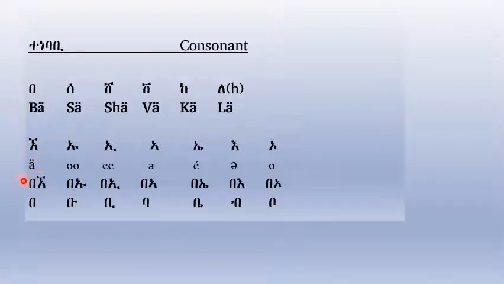Here I want to tell you one important point. We have only 7 vowels, so B can have only 7 sounds or 7 types of B. So if you write B with each of them, then you cover all the B's.